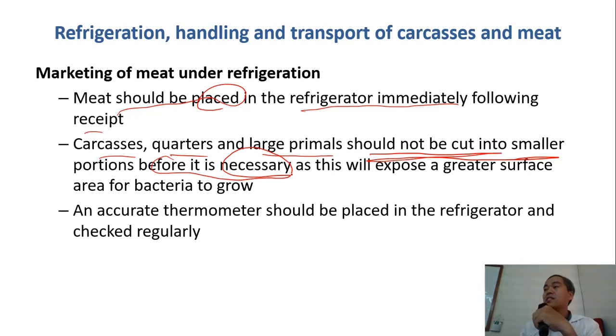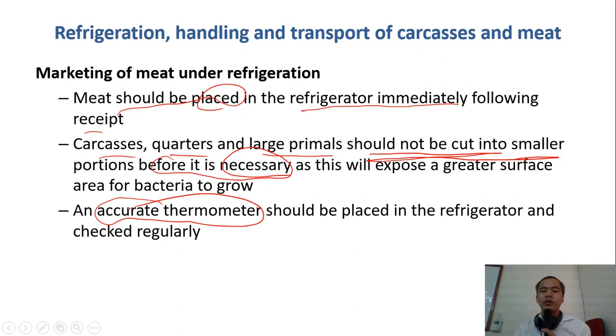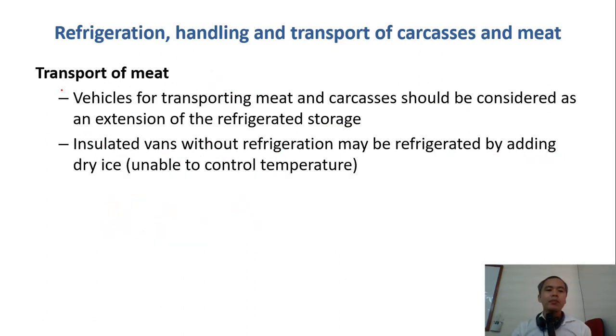It's not advisable to cut the large carcasses or quarters into smaller ones, because the more you cut, the higher the contamination with microorganisms, the higher the exposure to oxygen, and the higher the drip for microorganisms to grow. And of course you need an accurate thermometer to check and control the temperature regularly. Transport of meat should be done in vehicles which are also maintained under refrigerated conditions.